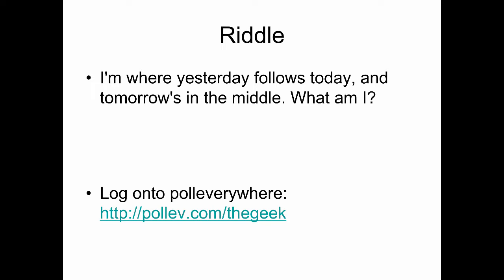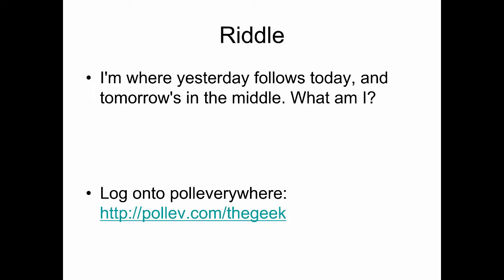All right, so our riddle: I'm where yesterday follows today and tomorrow's in the middle. What is it? Day after tomorrow? No, that's not it. Anyone? No, not midnight. It's a dictionary.